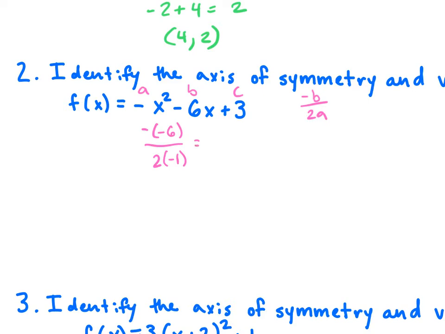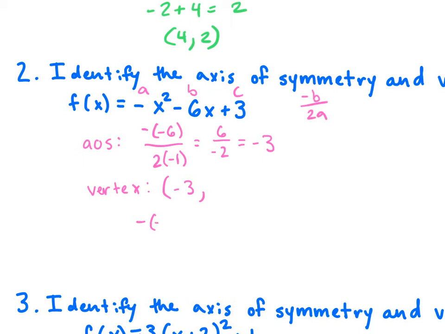So what did you guys get for the axis of symmetry? -3. Awesome. -3. Now how do we find our vertex? Plugging in. Plug it in. So that -3 is going to be our first number in our vertex. And then to find the second number, we plug it in.